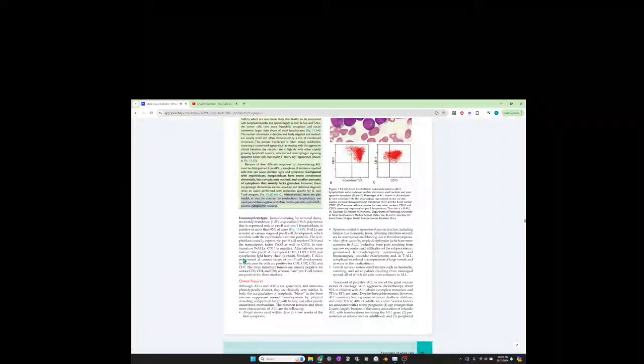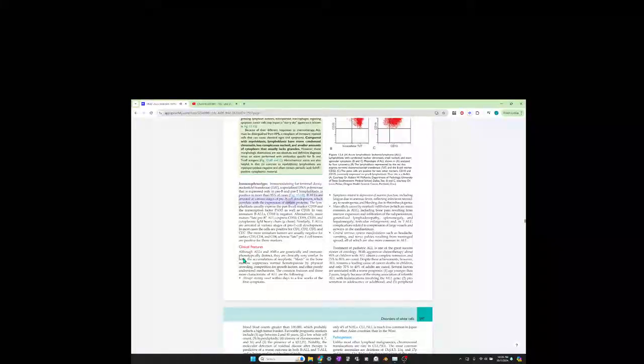Immunophenotype. Immunostaining for terminal deoxynucleotidyl transferase, a specialized DNA polymerase that is expressed only in pre-B and pre-T lymphoblasts, is positive in more than 95% of cases. B-ALLs are arrested at various stages of pre-B cell development, which correlate with the expression of certain proteins.